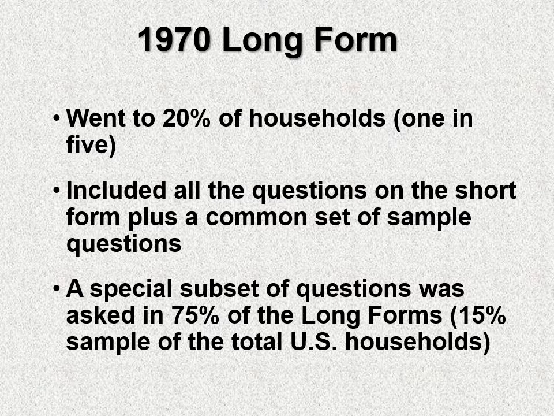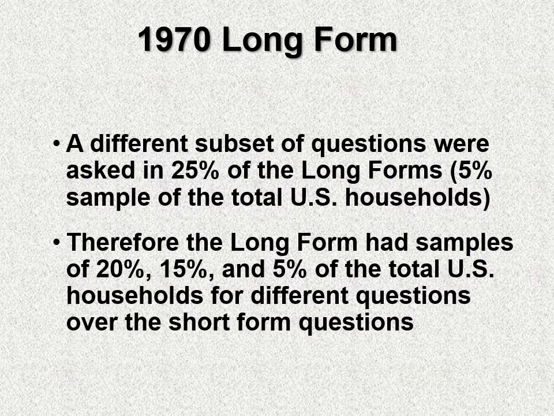But the Census Bureau decided to do something even more. They put a special subset of questions in 3/4 of the long forms. That's about 15% of the total U.S. households. So that's one subset of questions. And they put a different subset of questions in 1/4 of the long forms, or that's 5% of the total U.S. households.